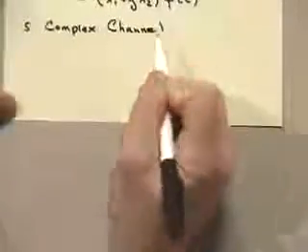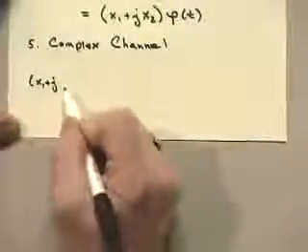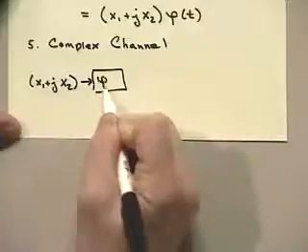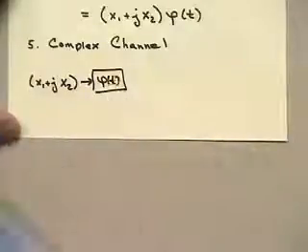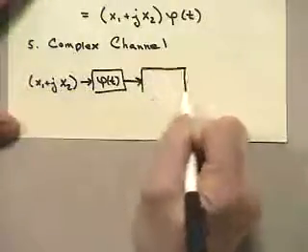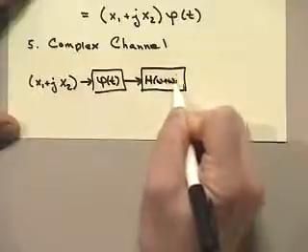Then we can immediately draw something like this: x1 plus j x2 has some kind of transmit baseband basis function. So now everything looks low pass. It goes through a channel, which is H of omega plus omega c.